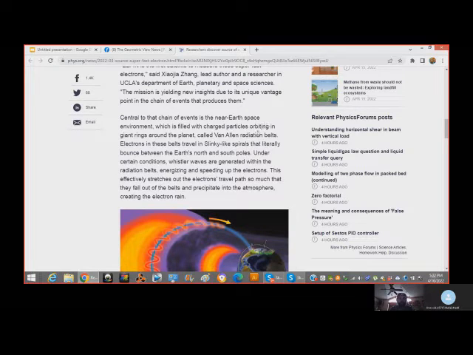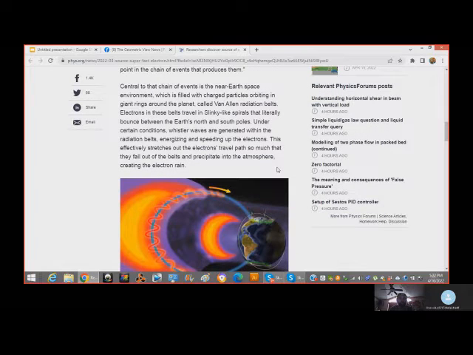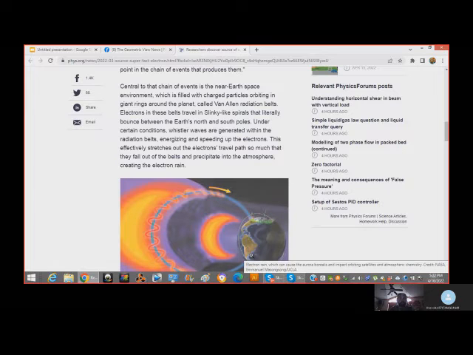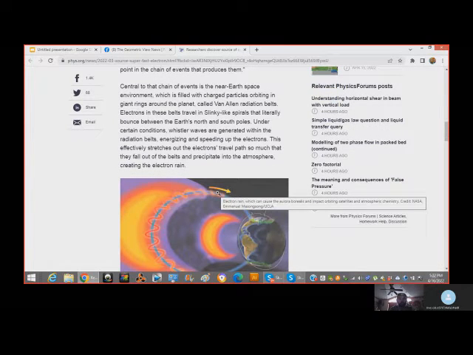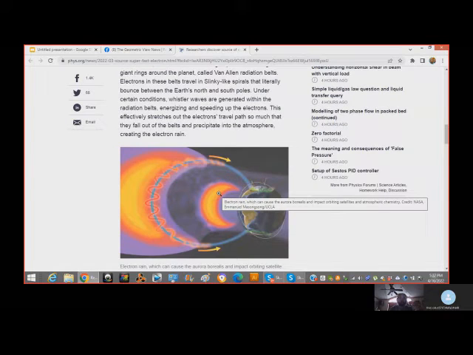Electrons in these belts travel in slinky-like spirals that literally bounce between the Earth's north and south poles. Under certain conditions, Whistler waves are generated within the radiation belts, energizing and speeding up the electrons. This effectively stretches out the electrons' travel path so much that they fall out of the belts and precipitate into the atmosphere, creating electron rain.